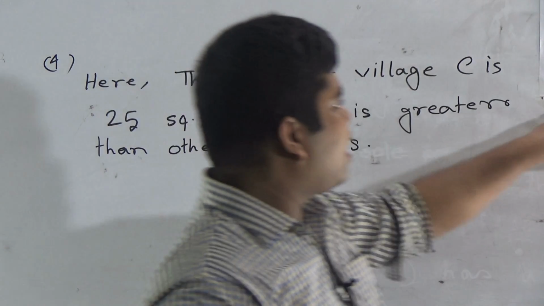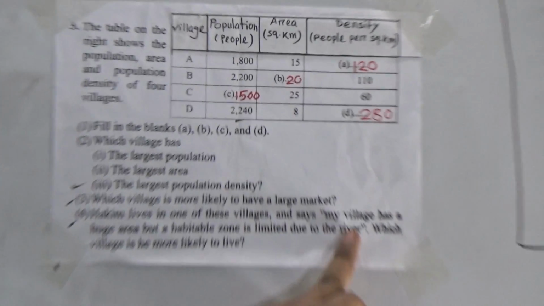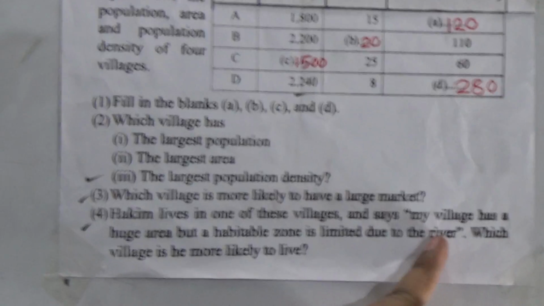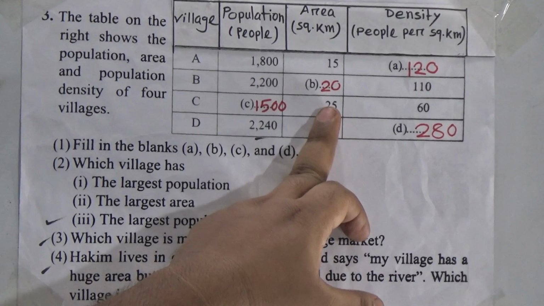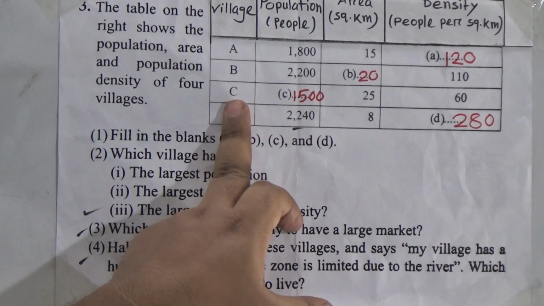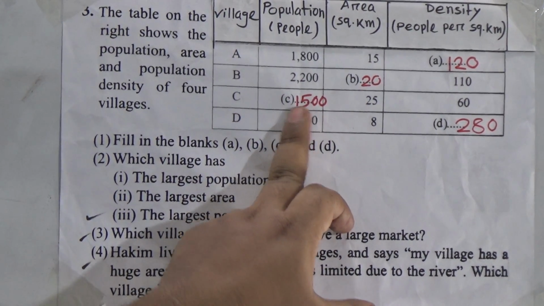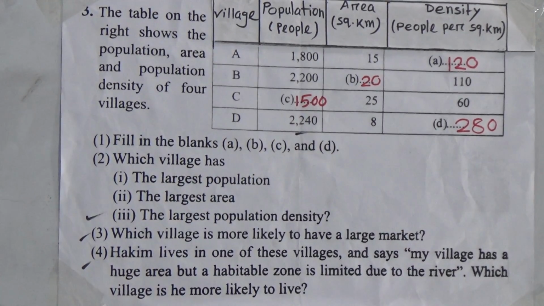Next, the habitable zone is limited due to the river. My dear students, notice that means that village has a small population. Notice village C has a small population, which is 1,500.